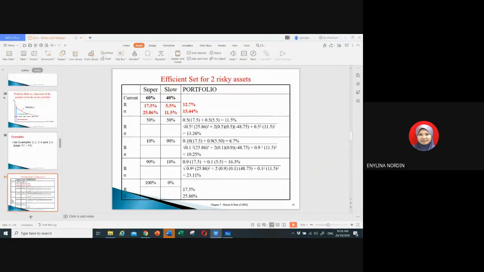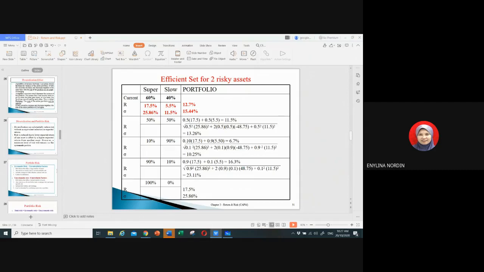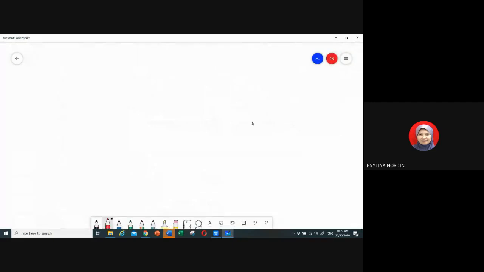Okay. When we are talking about portfolio just now, the weightage here stated is 60-40. Okay? Tapi kalau dalam reality, investors ada options. Right? The investors have options to form a portfolio.